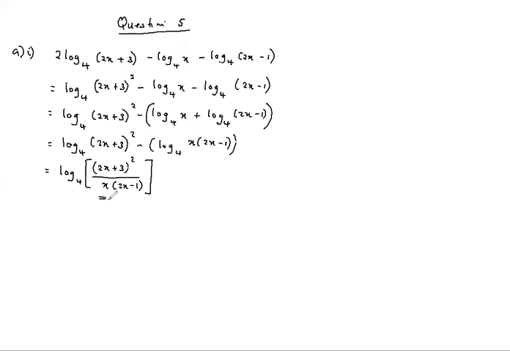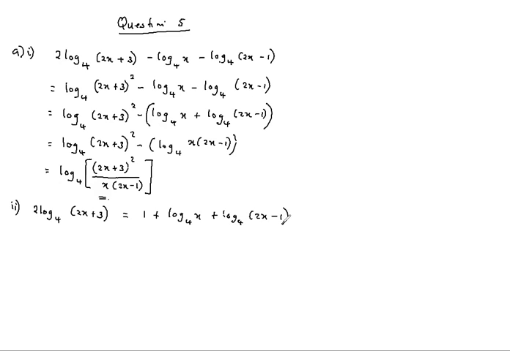Okay, then question 2 now. A2 says, hence. When you see hence, what they mean is from where you have ended, solve the next question. So they're saying, hence, solve the equation 2 log 4 (2x plus 3) is equal to 1 plus log 4 x plus log 4 (2x minus 1).